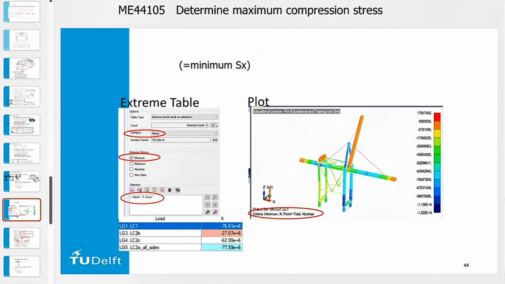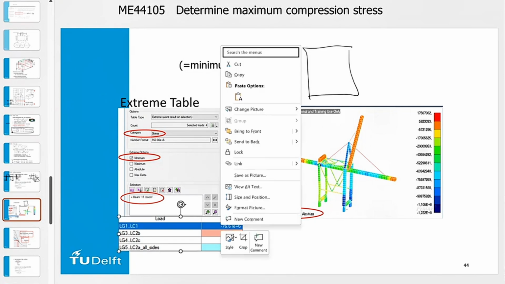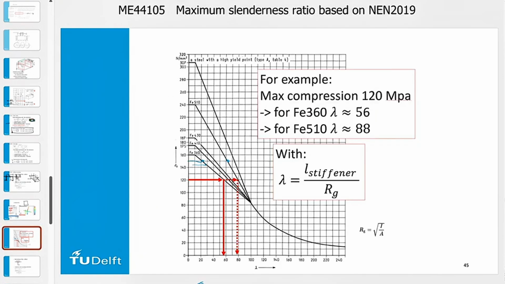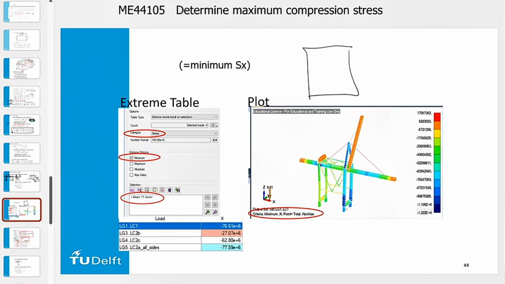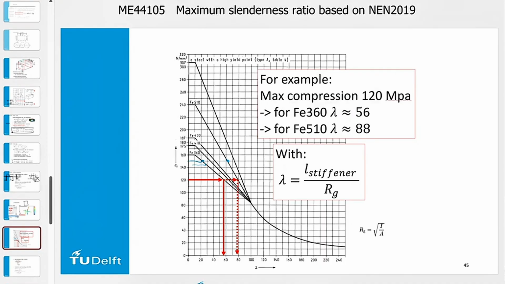This is for my students. If you want to figure out, if I have some kind of a beam and I want to calculate how many stiffeners I need, I can now use this curve in the opposite direction. Suppose I have a maximum stress in my plate, in my beam. I can then use this curve: what is my maximum stress?